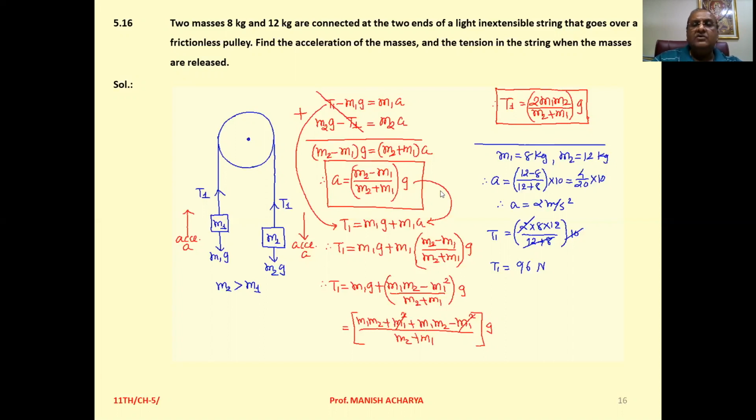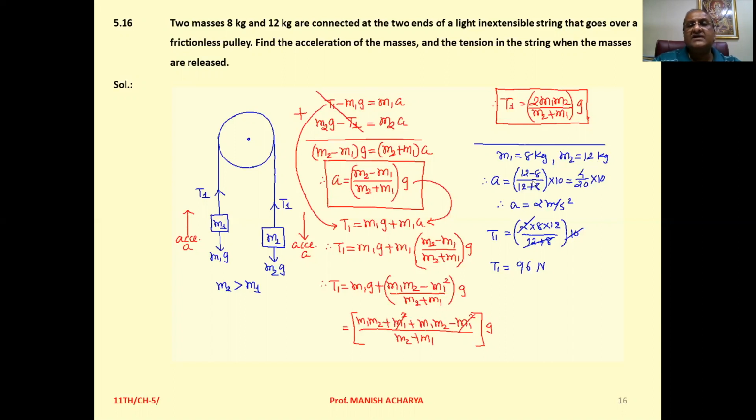Now to calculate tension and acceleration, substitute the values. First see acceleration, that is (M2 minus M1) upon (M2 plus M1) into g. Here we considered M2 is greater than M1. So we have to take M1 as 8 kilogram, M2 as 12 kilogram.